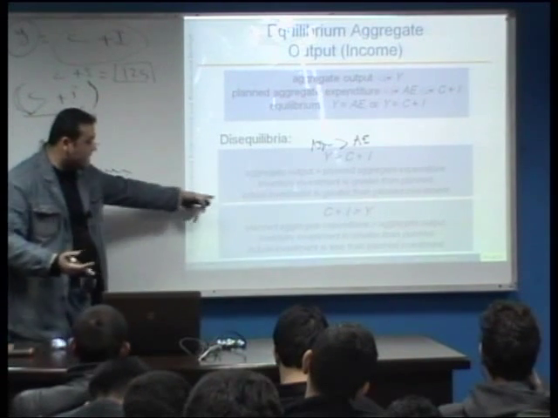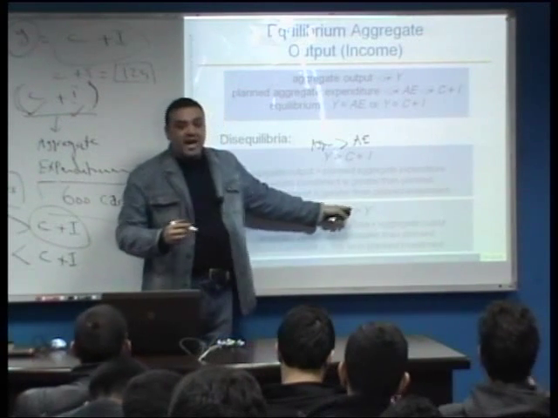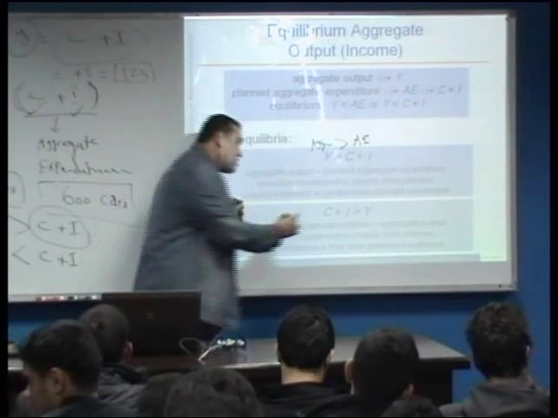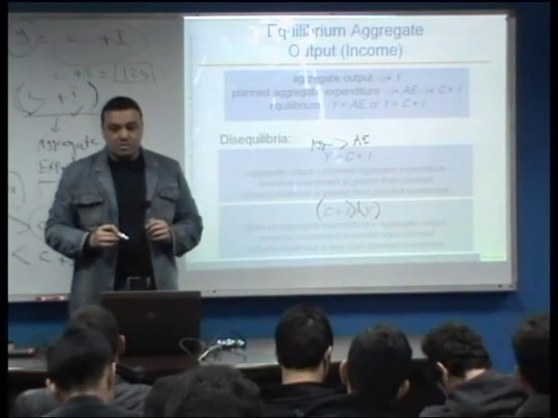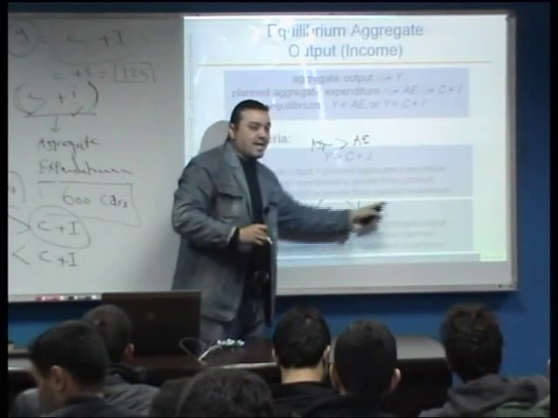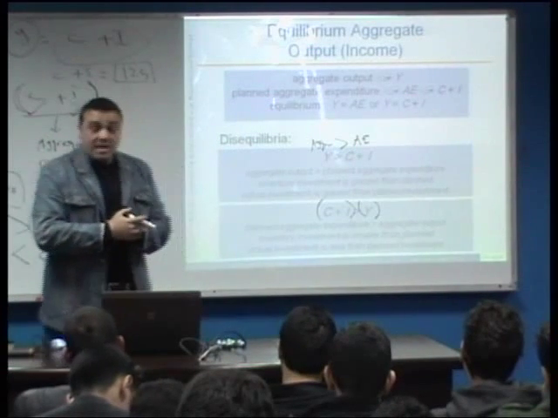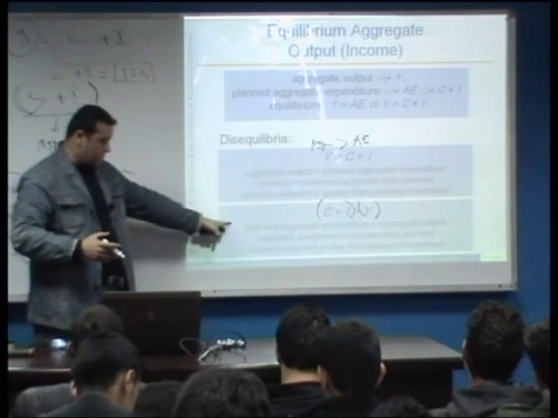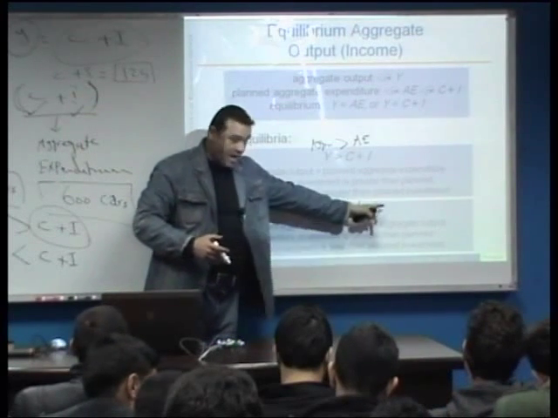What about the second case, when Y is smaller than the aggregate expenditure, or the aggregate demand is larger than Y, the aggregate output? I have a lot of demand and little supply. Yeah, exactly. So this means the planned aggregate expenditure is larger than the aggregate output.